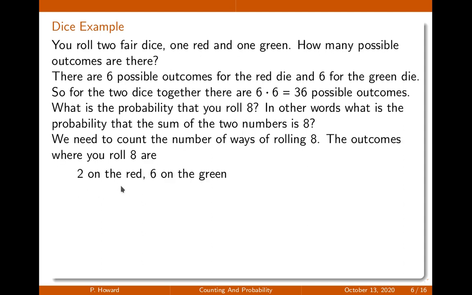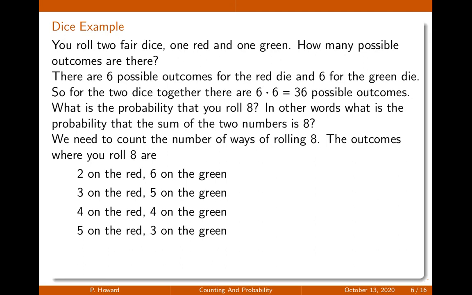If you roll a 2 on the red and a 6 on the green, you get an 8. 3 on the red and 5 on the green. Those numbers add up to 8. 4 on the red and 4 on the green. 5 on the red and 3 on the green. And finally 6 on the red and 2 on the green.